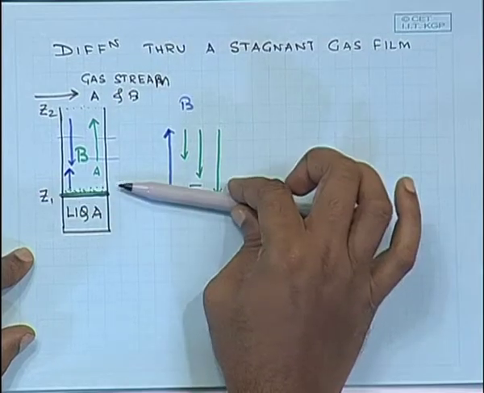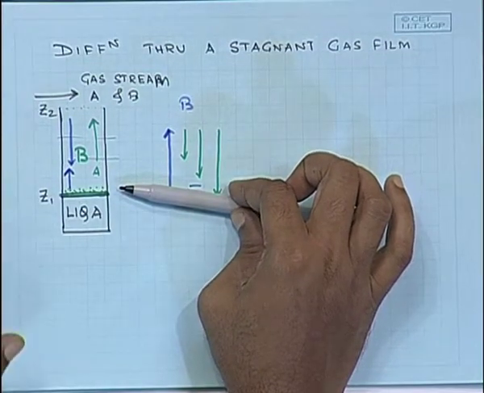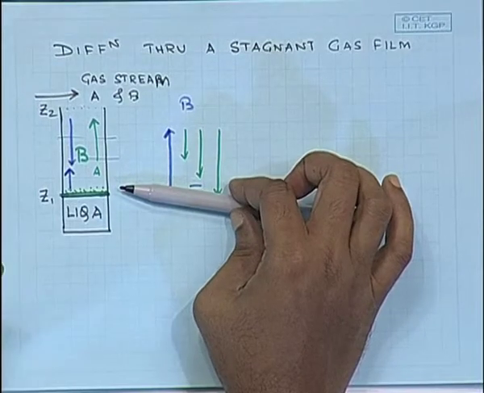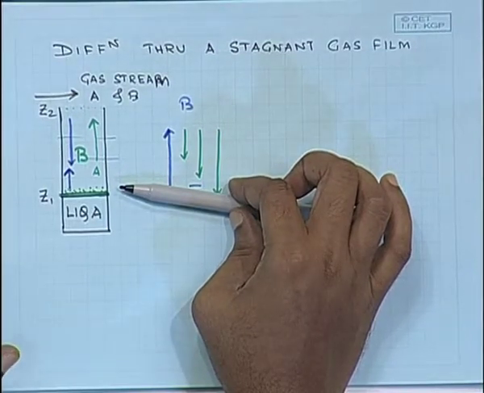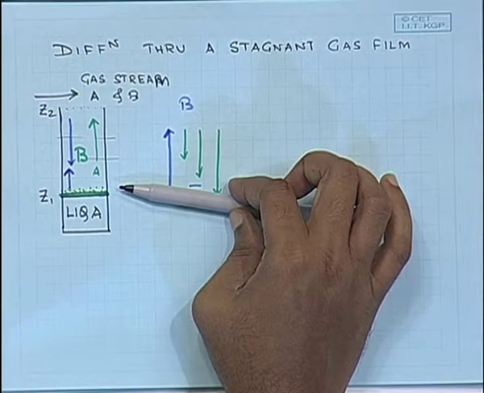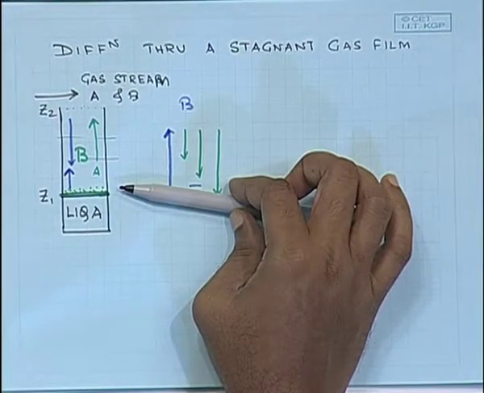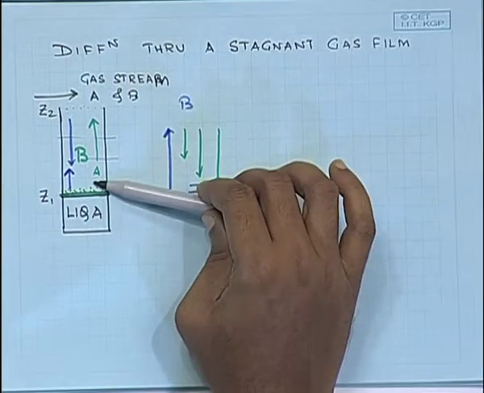Before you took this cover off, the B molecules were not moving. There was no concentration gradient, no bulk flow, so B molecules were stagnant. So, if you calculate NB, which is moles of B per unit area per unit time, the value of that would be equal to 0, when you did not have any diffusion.